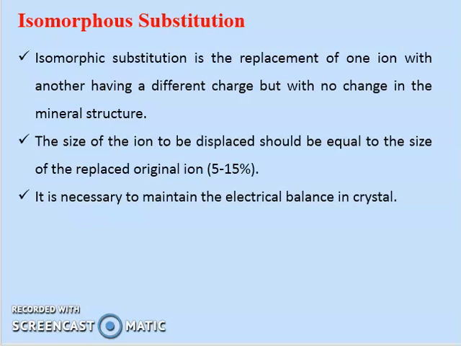No change means that their sizes are approximately equal to each other. The size of the ion to be displaced should be equal to the size of the original replaced ion, or if there is a difference, it should not be more than 15%, more or less, 5 to 15%.